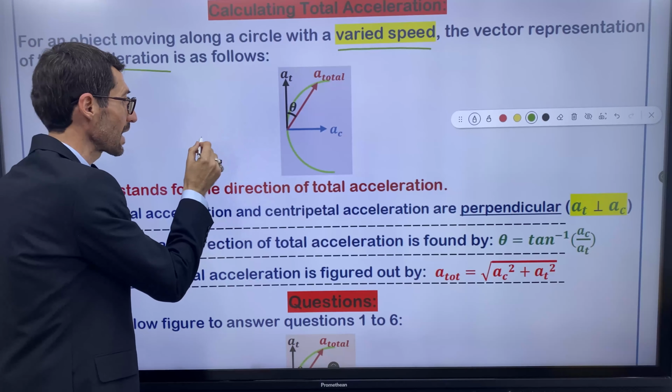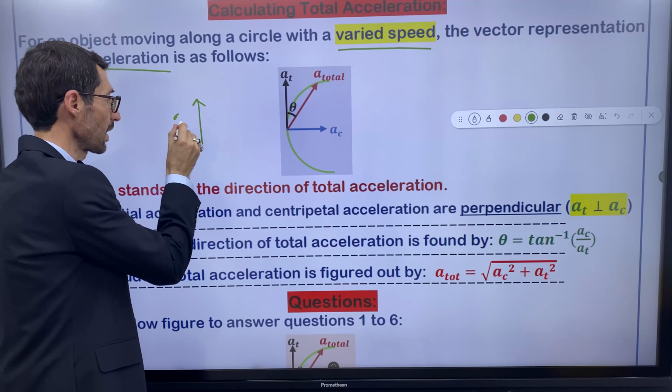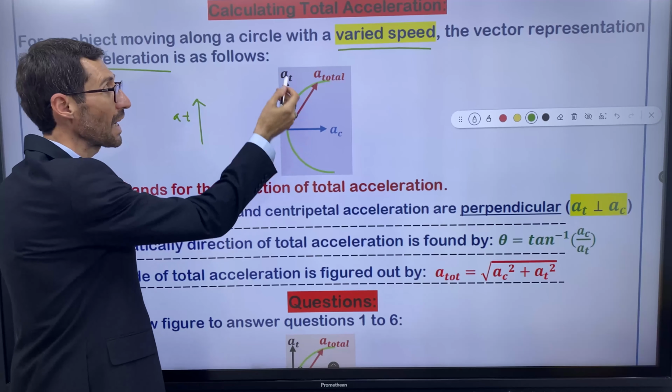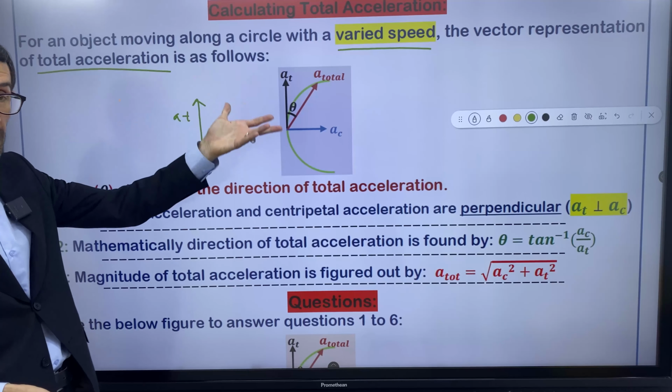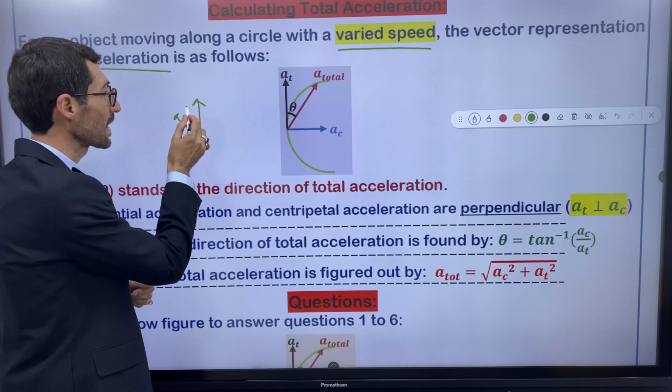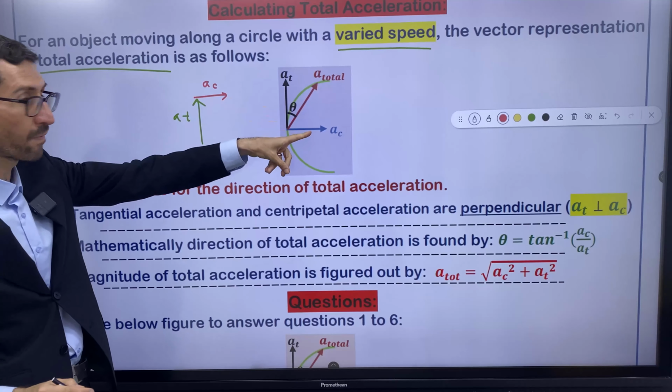This is AT, and I move AC parallel to itself without changing the direction or the magnitude. This is AT, and this one, in another color, is AC, right? I did nothing, I just moved the vector.